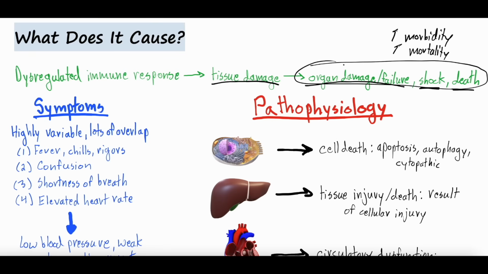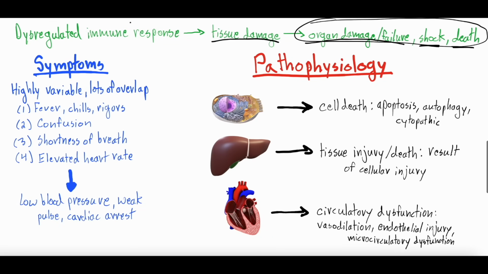So beyond that, when you are septic, when you have an infection and your immune system starts to kind of run rampant, what symptoms can you expect? Well, this is tough because it's highly variable and there's lots of overlap with these symptoms and just normal things, right? Let's say you have the flu, but you're not septic. You still might get fevers and chills and rigors.